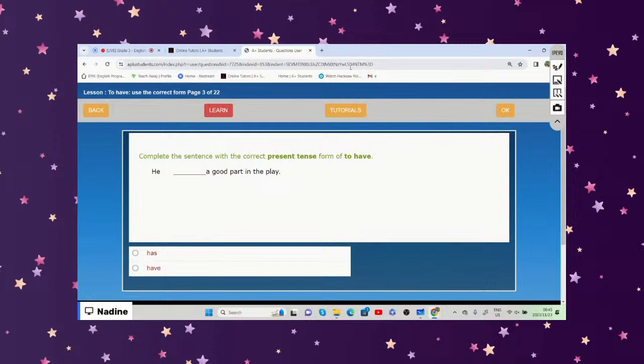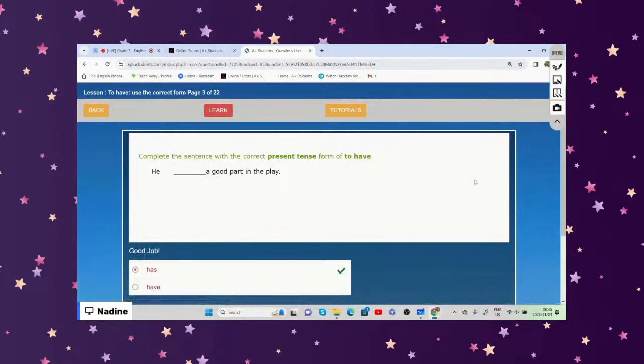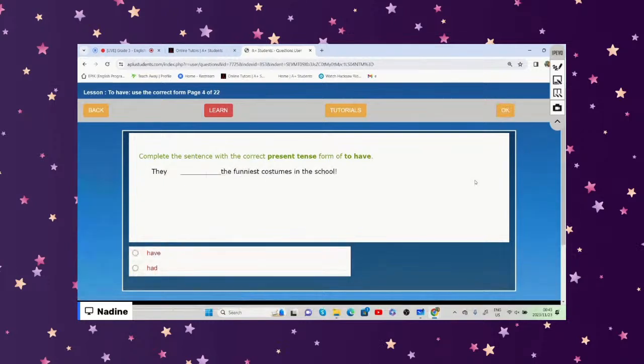So we can say he has a good part in the play. So he has, and that is the present tense form of to have.